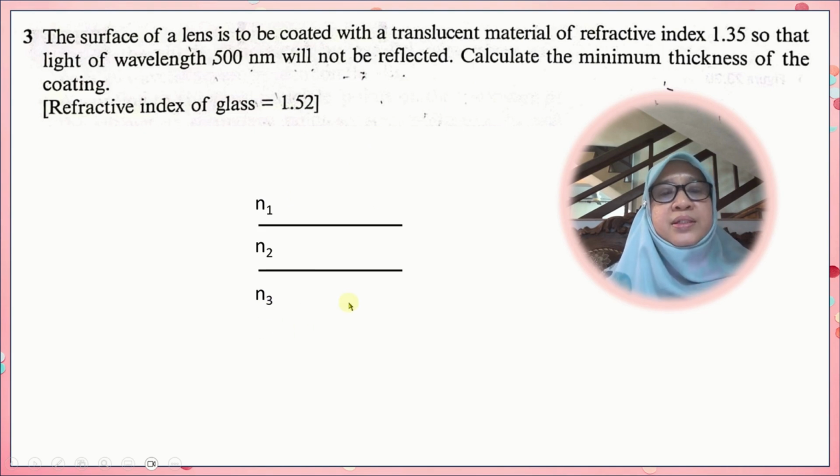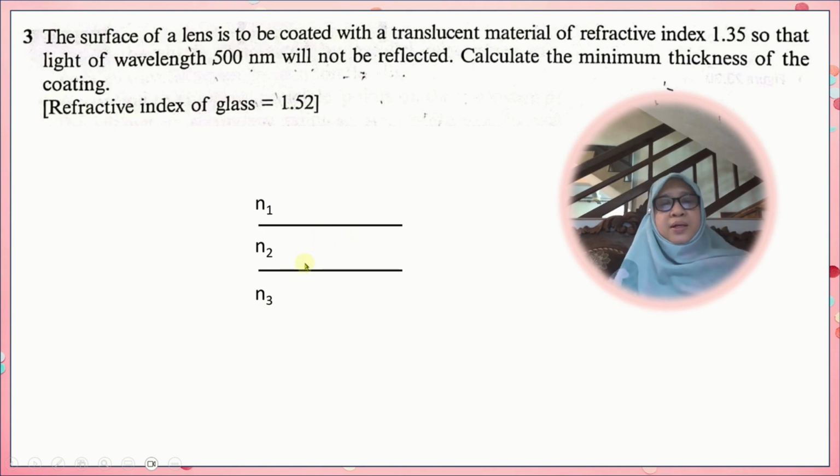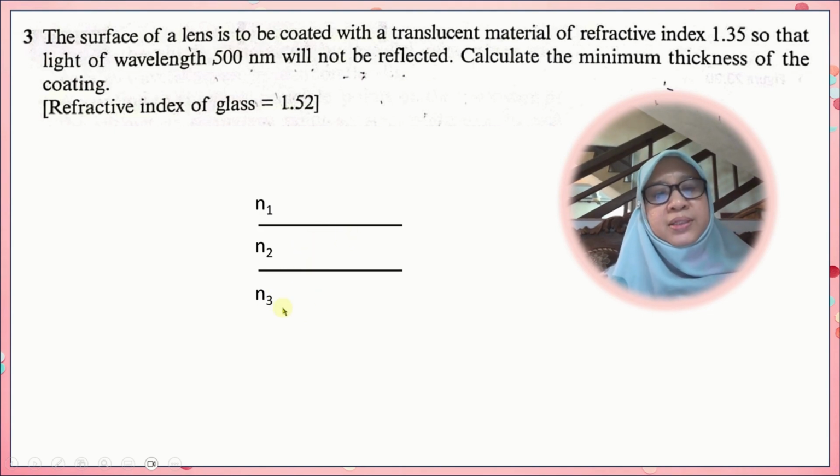So N3 is the glass, N2 is the translucent coated material, and N1 is the air. So N2 will be 1.35 and N3 will be 1.52. This is how the light travels from the air to the coat, the translucent material of refractive index 1.35, so it is reflected.